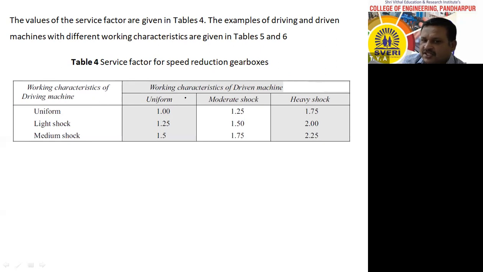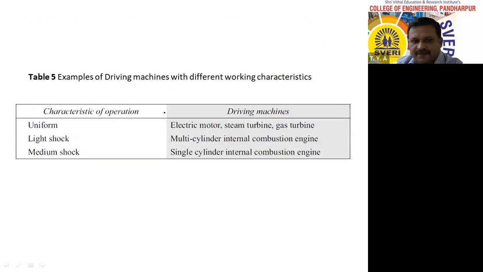Under the driven machine there are three columns: uniform, moderate shock, heavy shock. For uniform characteristic, the values are 1, 1.25, 1.75. Light shock: 1.25, 1.5, 2.0. Then medium shock: 1.5, 1.75, 2.25. These are the values of the service factor for speed reduction gearboxes.